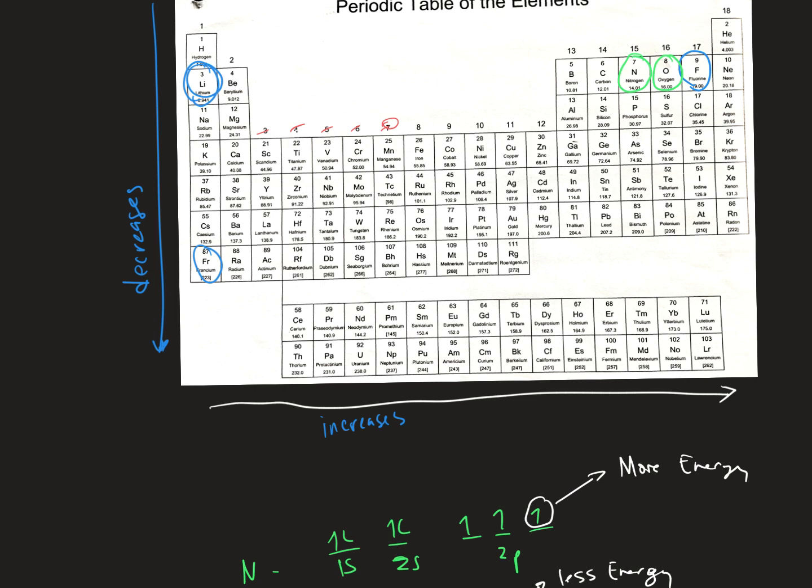I'm not going to have you calculate how much ionization energy, but just like on the homework, it says, okay, here's your first ionization energy, second ionization energy, third ionization energy, and so on. What is the second ionization energy? The energy required to take that second electron away.